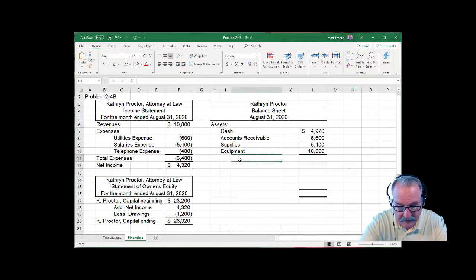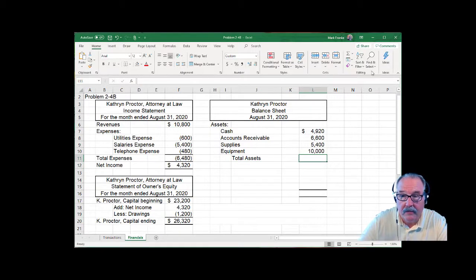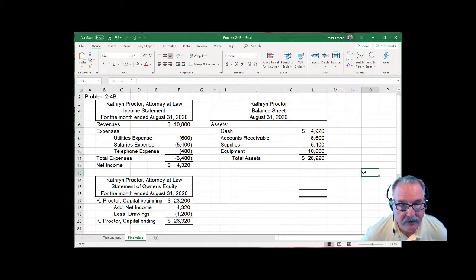So my total assets, when I total it up, is $26,920. And you'll notice we have a dollar sign at the top and a dollar sign at the bottom. We have over here at the income statement, dollar sign top and bottom. Over here on the statement of owner's equity, dollar sign top and bottom. And when we finish a schedule, in other words, if we're done, we have the total that we need, we put a double line underneath because that's like railroad tracks.